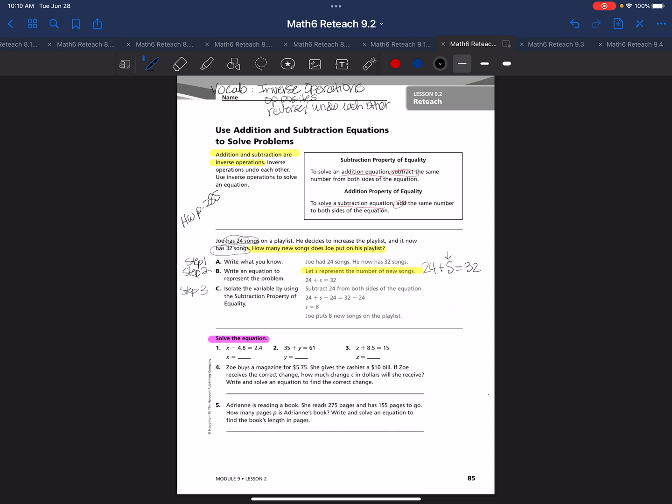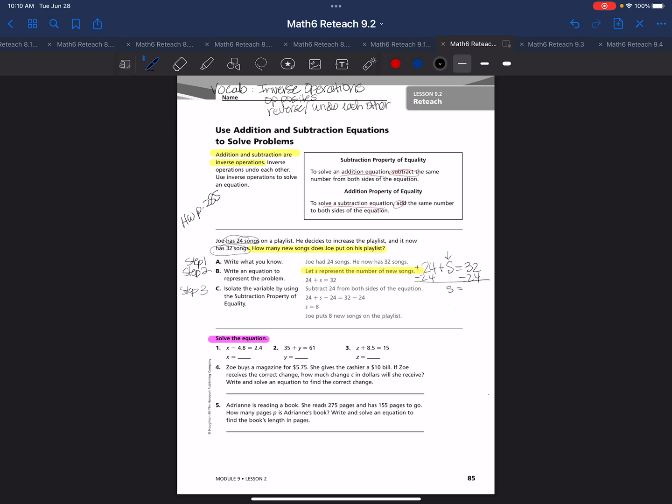I encourage you to be detailed and write down your problems. They are doing it side by side, but I suggest you do it vertically here. So this is an addition problem. To solve an addition problem, I need to subtract the same number from both sides. Because this is a positive 24, I'm subtracting 24 from each side of the equation.